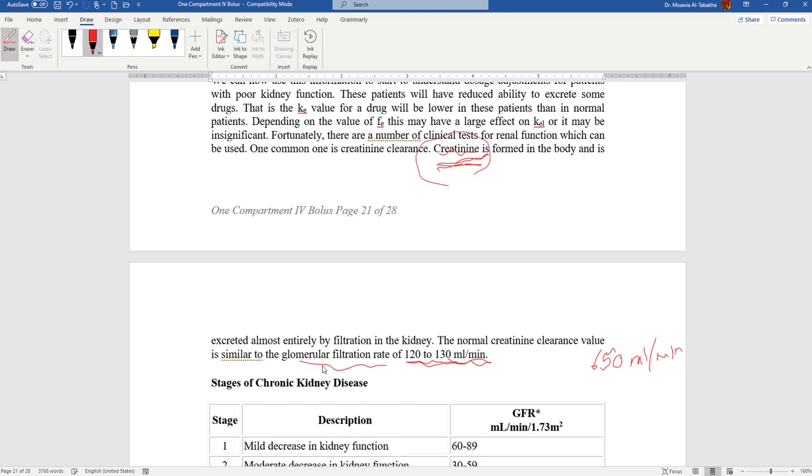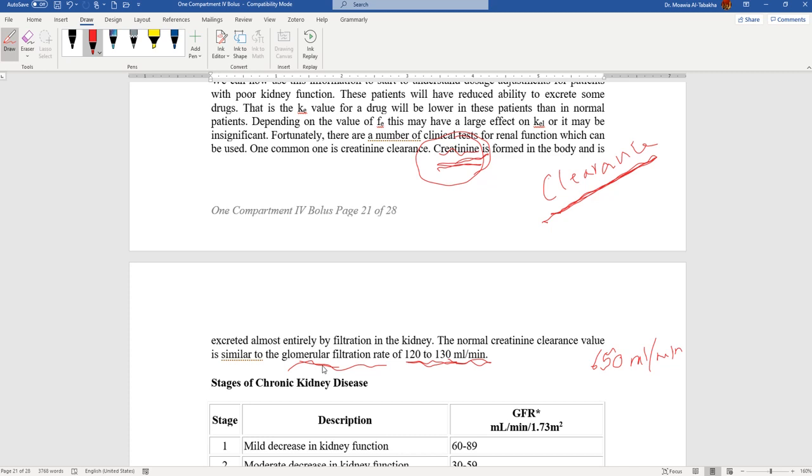Meaning if I know what the filtration rate for creatinine is, and in this case we will call it clearance of creatinine, clearance is like the filtration rate. If I know the clearance of creatinine, meaning the filtration rate of creatinine, then I can assess the filtration rate, which is the glomerular filtration rate. Let me repeat. Creatinine is removed from the body mainly through the kidneys.